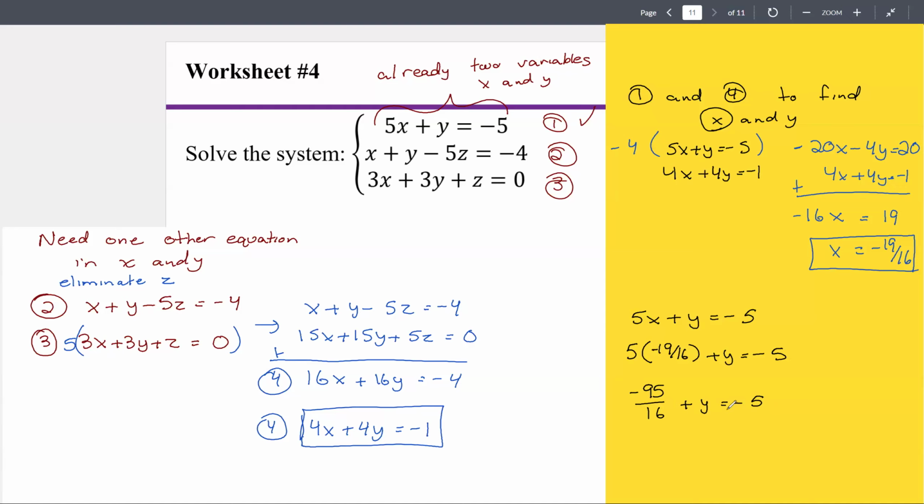So you can change this because this is 16 here. So -5 is just going to be -80 over 16. And then we just added 95 over 16. So y ends up being 15 over 16.